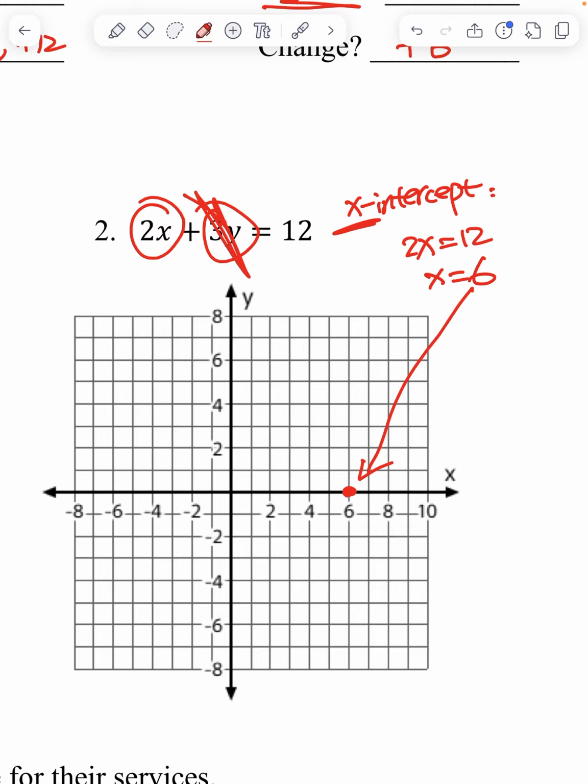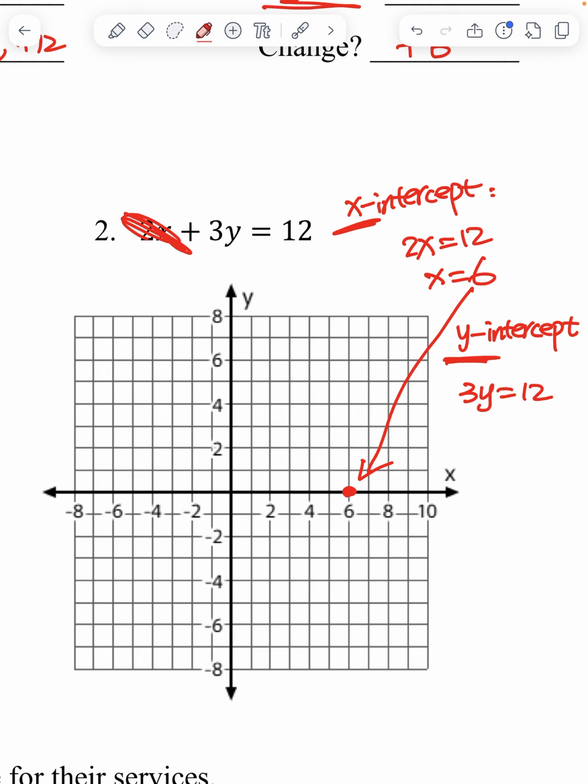I need another point, which is a y-intercept. So this time we're going to get rid of the x term, because we try to figure out the y-intercept. That means we get rid of the x term. Only y stays. So 3y equal to 12. So that means 3 times a number equal to 12. So y must equal to 4. Right here.